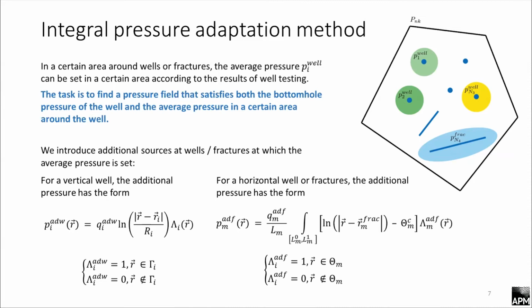On the contour of this circle, this addition equals 0. We do something similar for fractures or horizontal wells, but in that case we have not circles but ellipses. So the next slide.